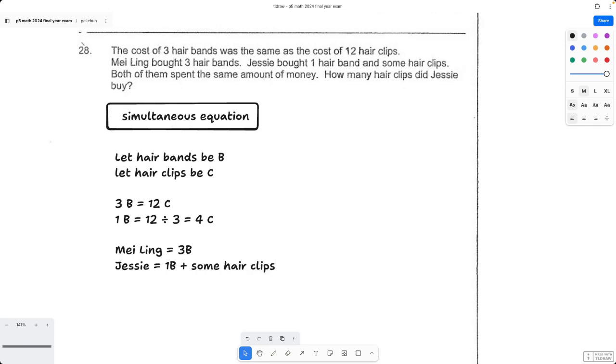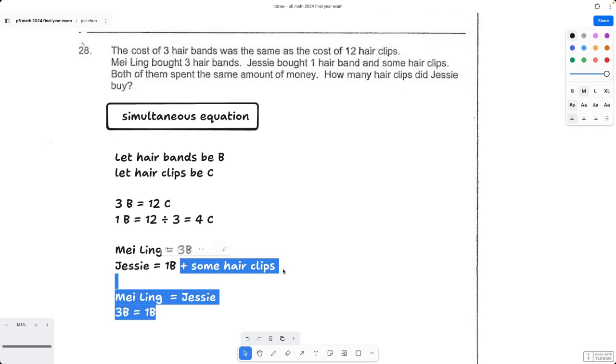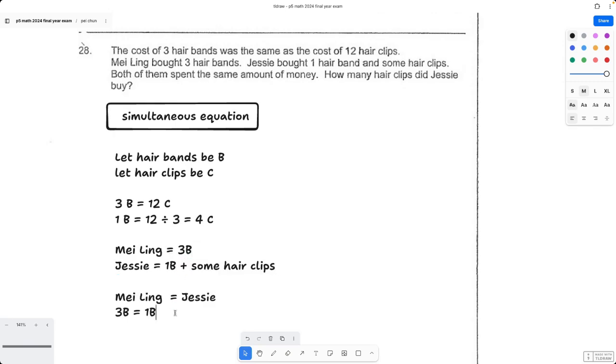Since both of them spend the same amount, Meiling is equal to Jesse, which means 3B is equal to 1B plus some hair clips, like this.